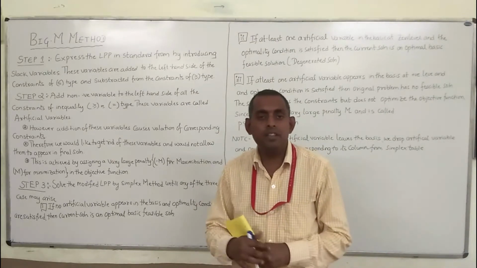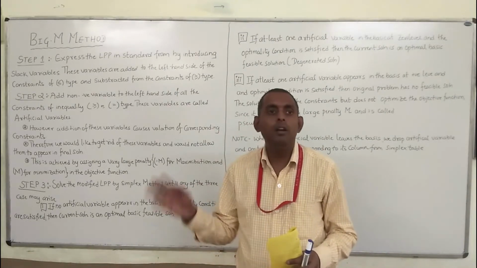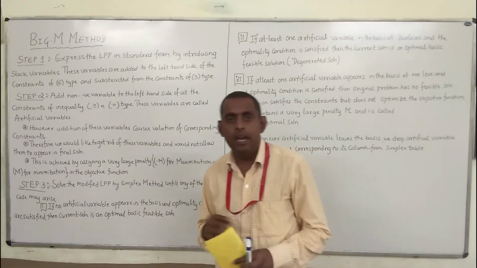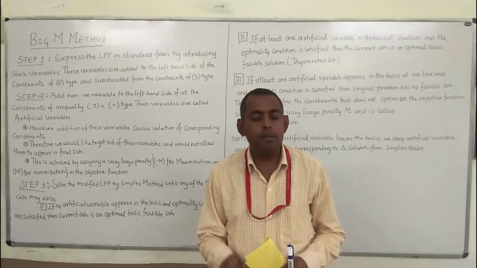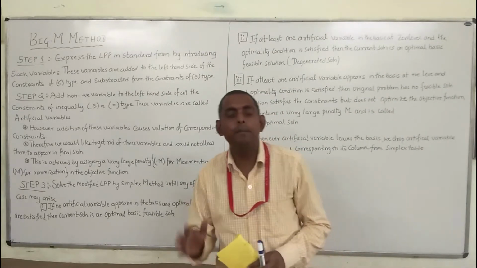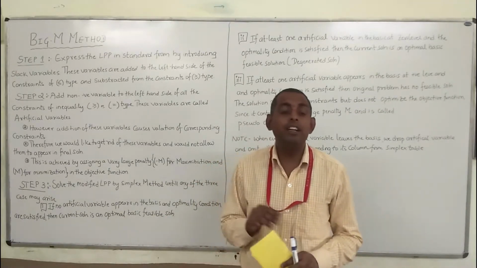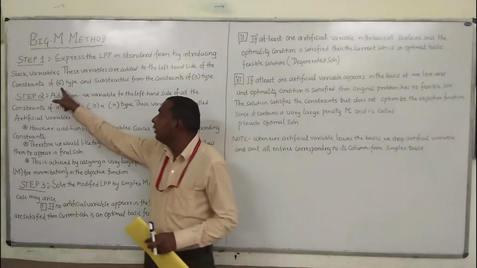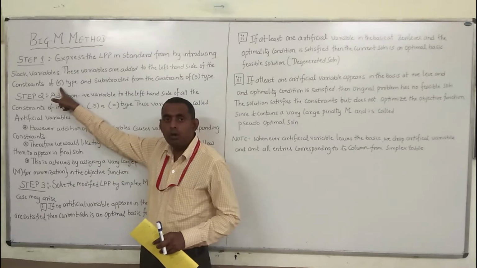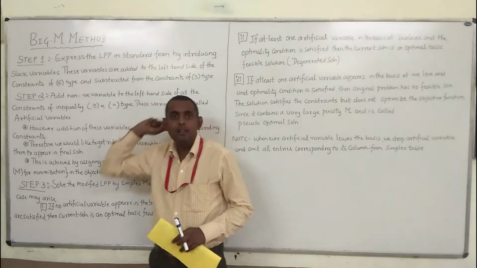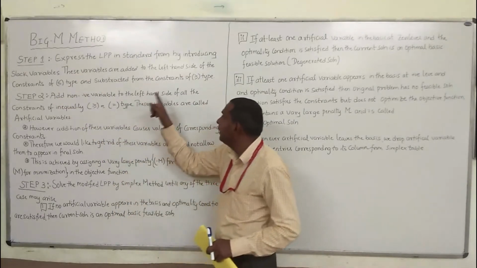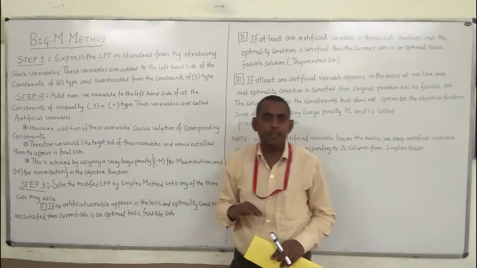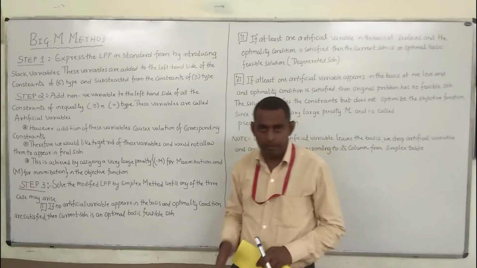So if the constraints are less than or equal to, we add the slack variables, and if the constraints are greater than or equal to, we subtract the slack variables.